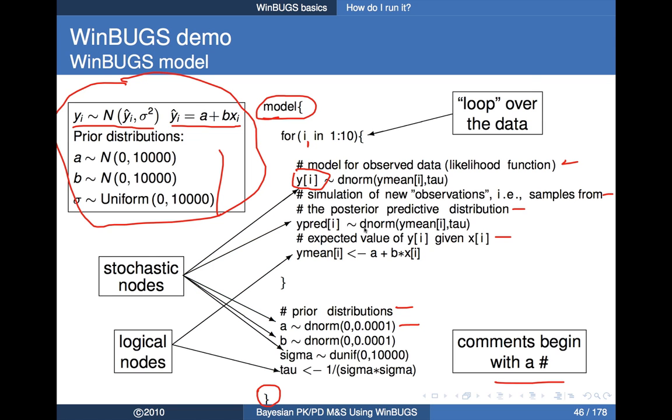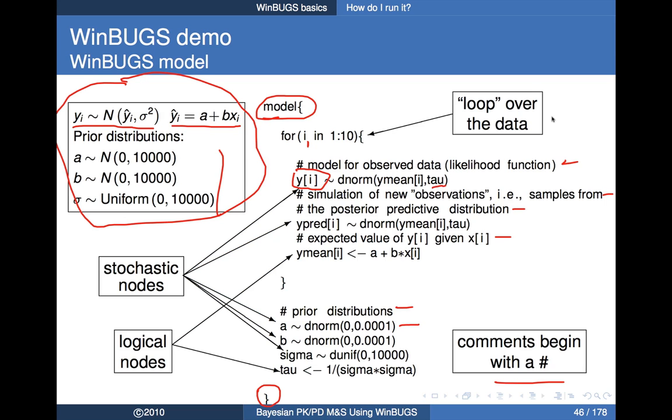I happen to use i. You can call it whatever you want. It could be j, k, or anything. It doesn't care. In fact, it can be a whole name. It doesn't have to be just a single letter. So my yi is going to be normal with some mean y mean i and a precision tau.